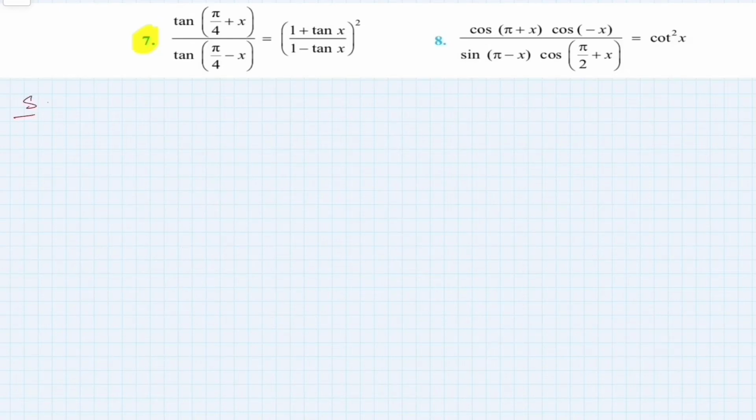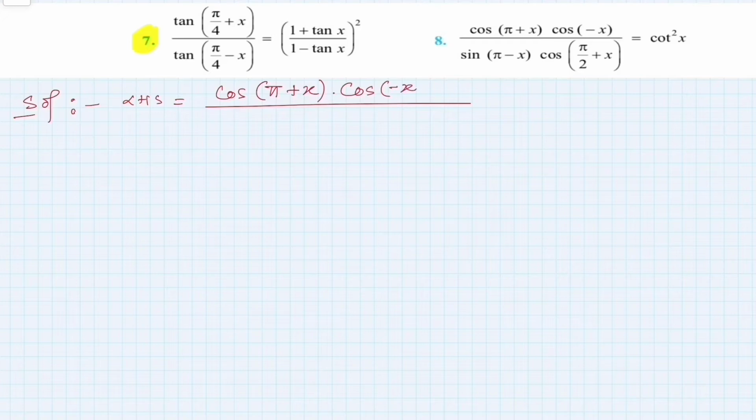Let me solve question number 8. Again, let us take the left hand side. The left hand side is cos(pi + x) into cos(-x), divided by sin(pi - x) into cos(pi/2 + x).